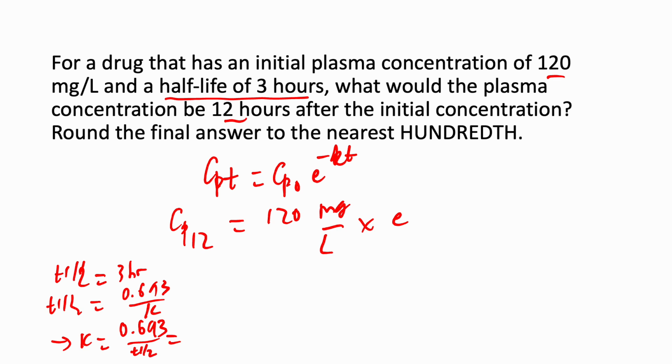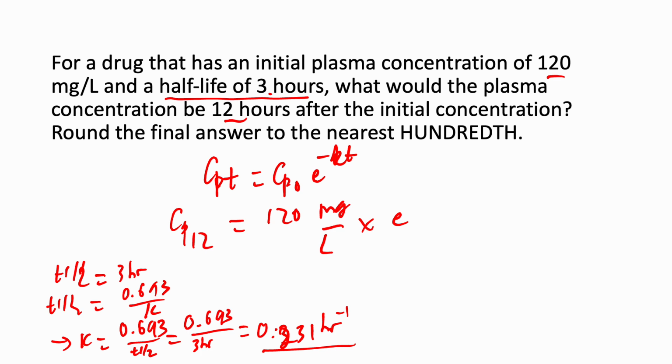And for this scenario, k is equal to 0.693 divided by half-life, here 3 hours, or k is equal to 0.231 per hour.